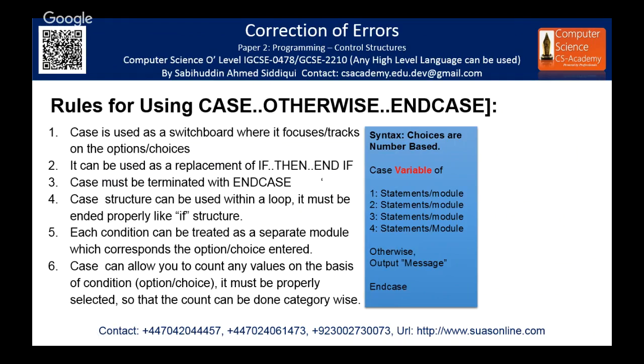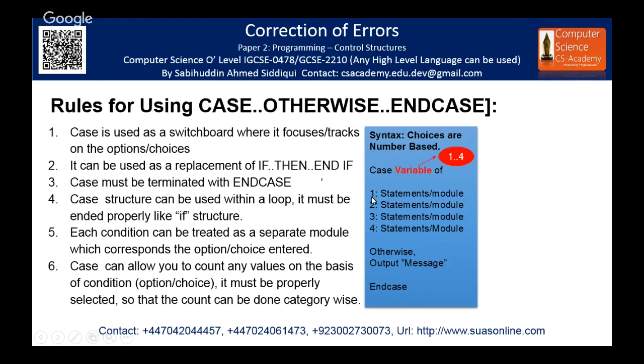Now let's suppose you are given choices 1 to 4. If choice 1 comes, the choice one statements will execute. Similarly for 2, 3 and 4, all four statements will execute accordingly as switches work.